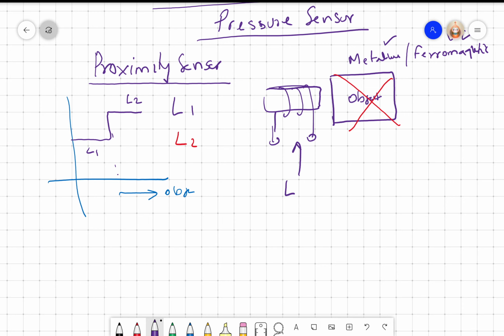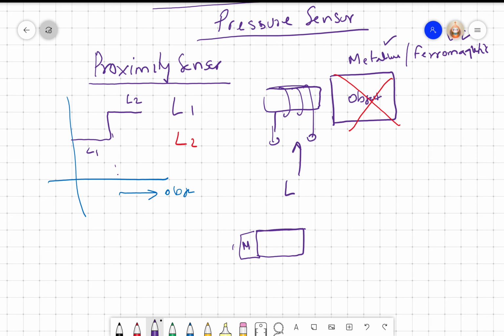And sometimes they are also magnetized, in a sense. We put the same sensor, but we put a magnet here, right?